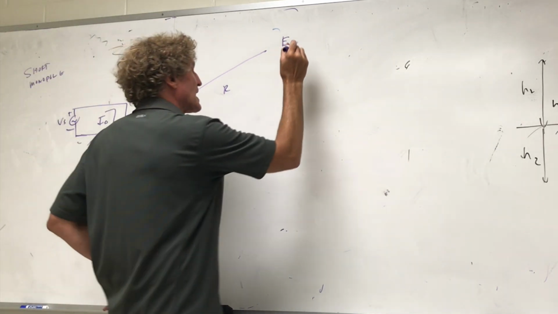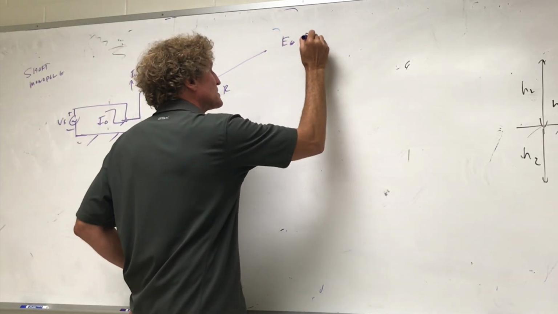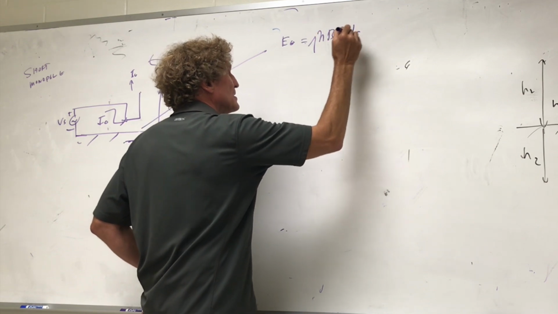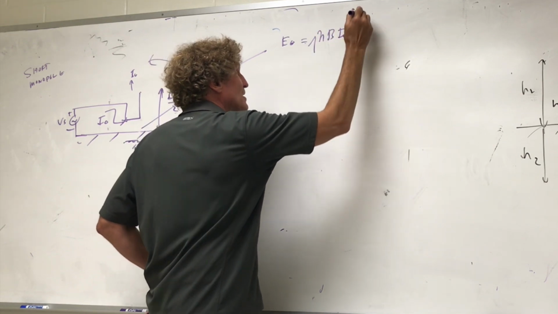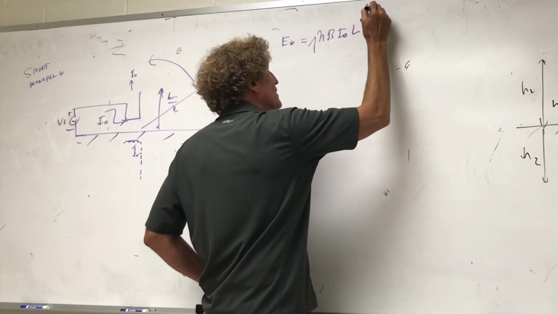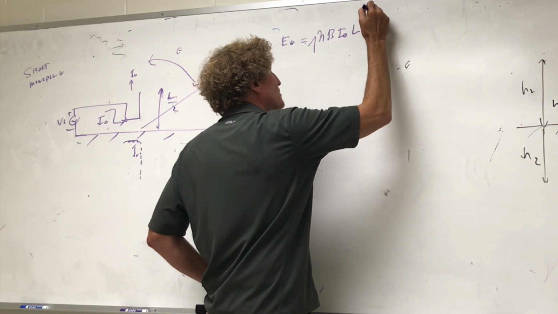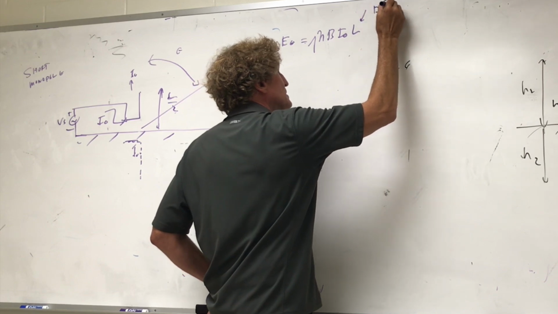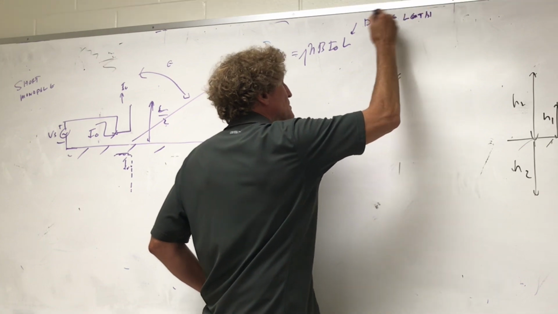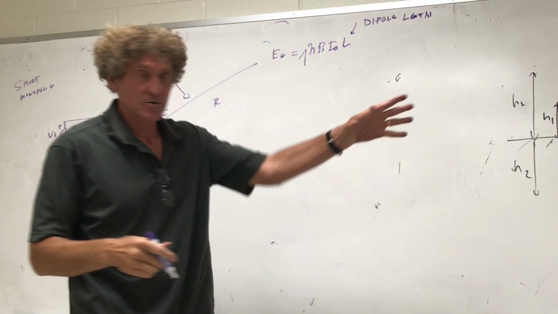It's going to be the same exact thing: j eta beta I naught L. But now this L is going to be the actual dipole length, the length of the short dipole over there.